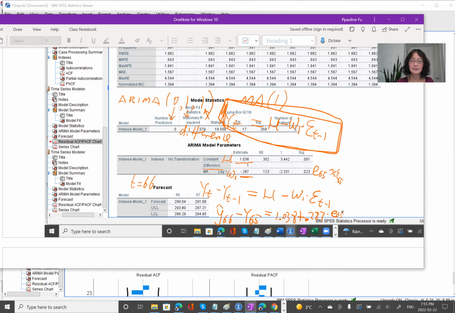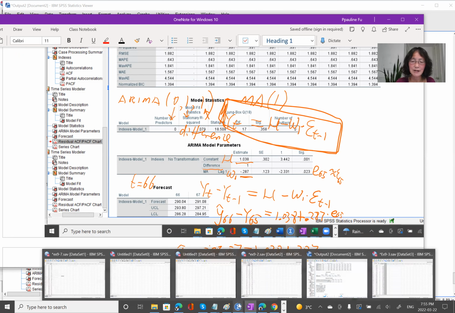So y hat 66 minus y65. What is y65? Y65 is 288.57, equal to 1.038 plus 0.287 times e65. How do I find e65? Go back to your data.